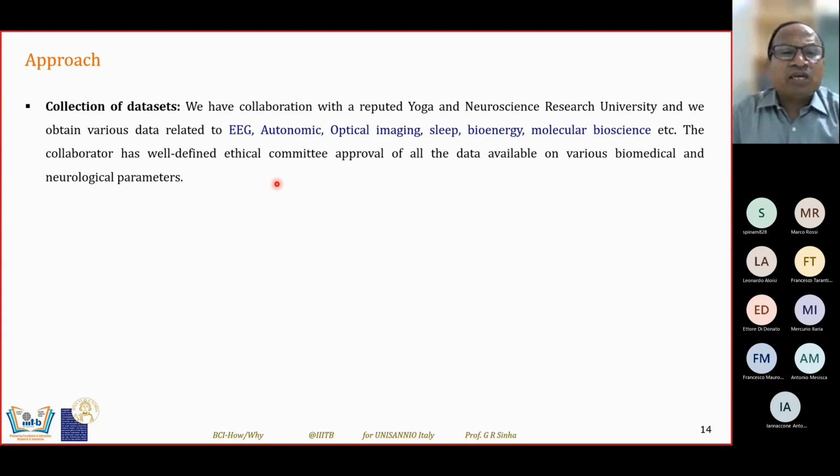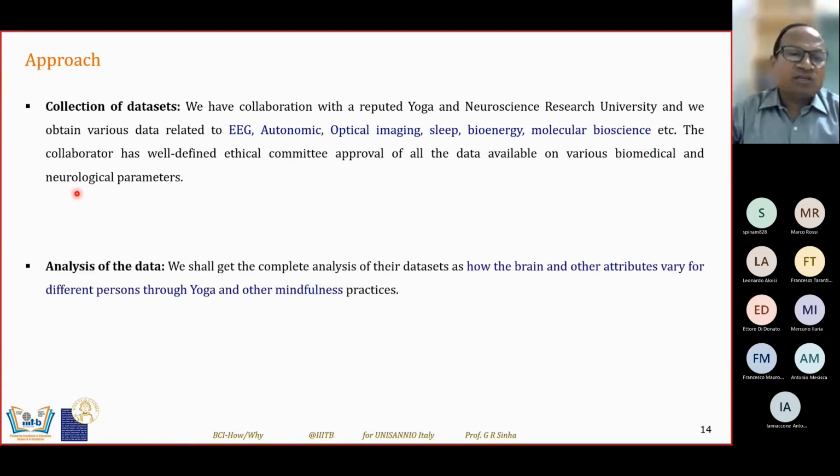What we do is collect the data set from a neuroscience research university in Bangalore. It's not only a yoga university, but a neuroscience research university. We obtain different data related to EEG, autonomic control, optical imaging, sleep, bioenergetics, and molecular bioscience. We get all these signals, and with the help of the collaborator, who has ethical committee approval, all those biomedical parameters are taken into consideration.